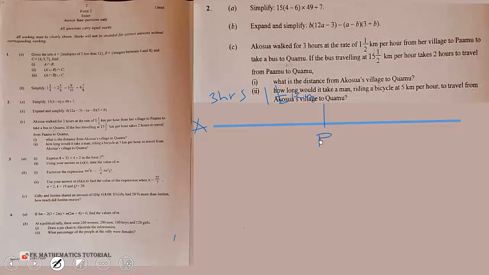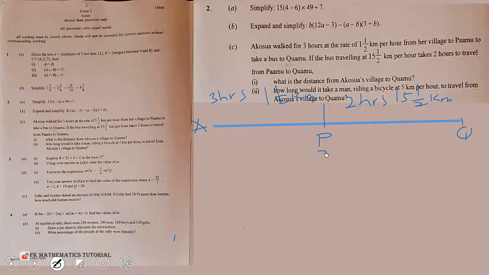Now at Paamu, we took a bus that is traveling at 15.5 kilometers per hour, and it took 2 hours to travel from Paamu to Kwemu. So Kwemu is here. So we need to find a distance from A to P.